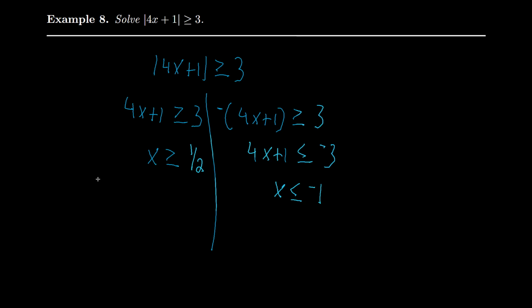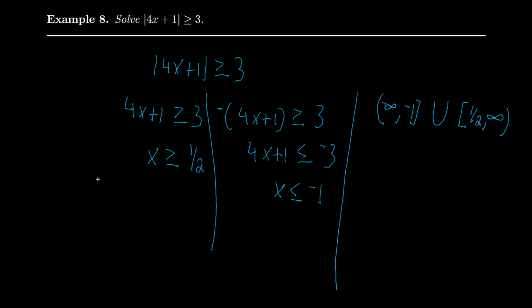You may notice that you couldn't actually write this as a compound inequality if you wanted to, because we're saying everything bigger than or equal to 1/2 and everything less than or equal to negative 1. Using interval notation, bigger than or equal to 1/2 looks like this, and less than or equal to negative 1 looks like this.